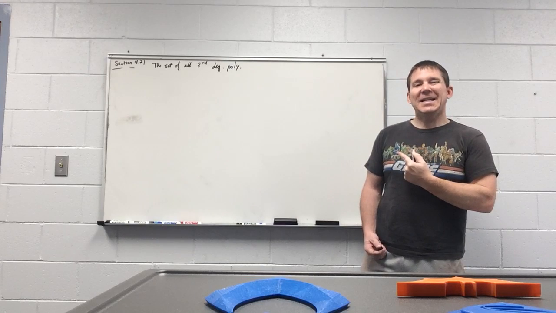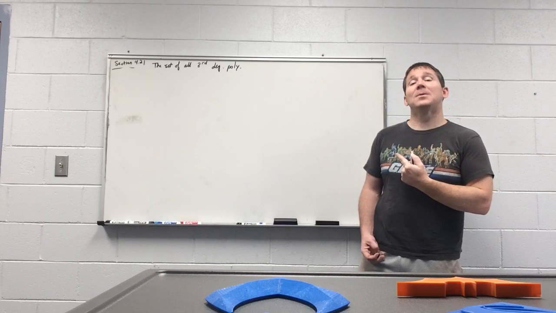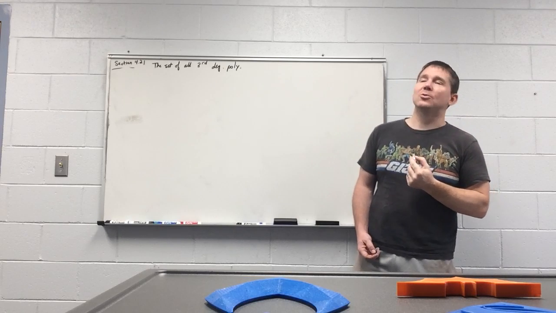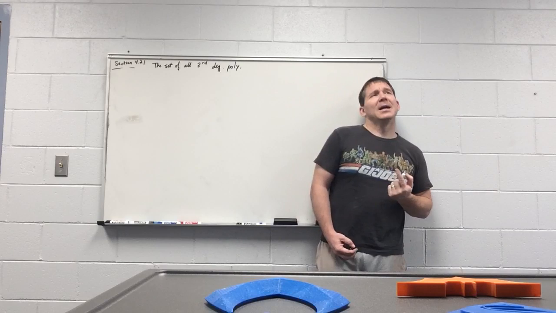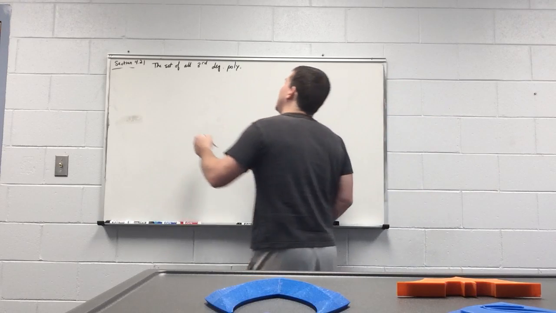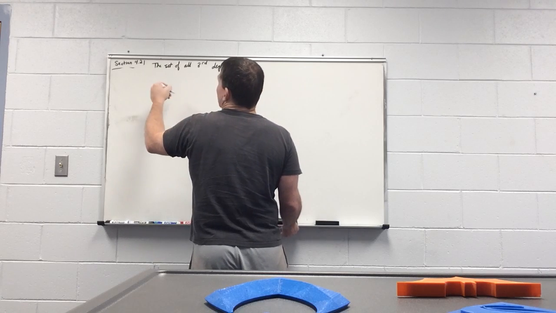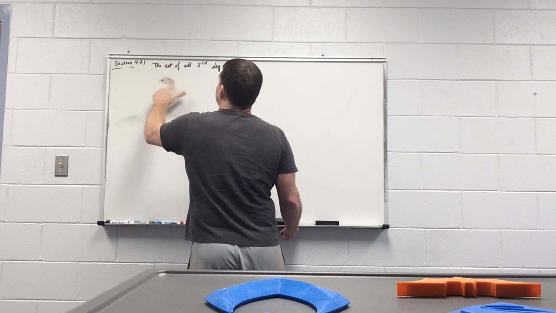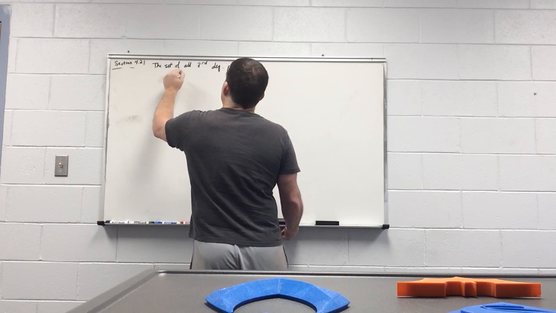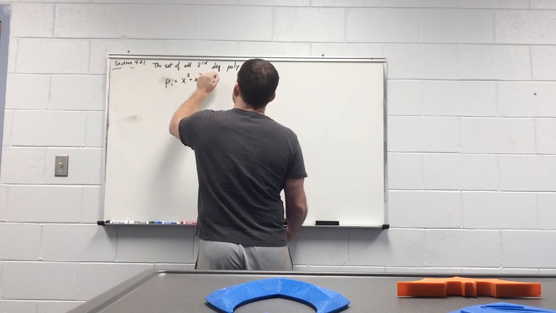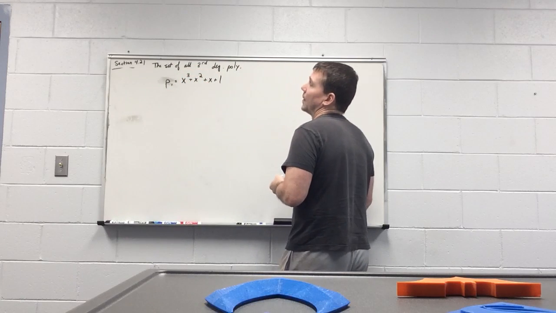We actually did this or a form of it in one of the videos, but again, if I want to show closure first, I have to show it's closed under addition. But if we think about it, pick a third-degree polynomial. So we will say P1 is equal to x cubed plus x squared plus x plus 1.